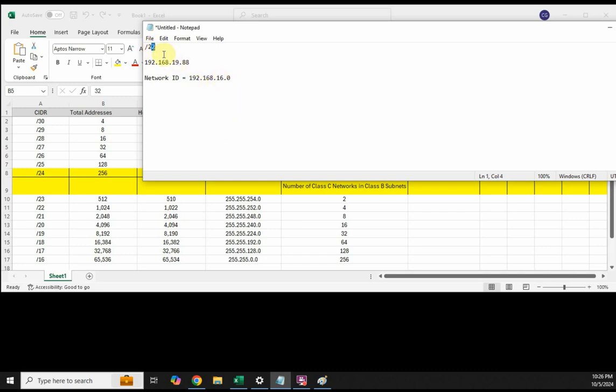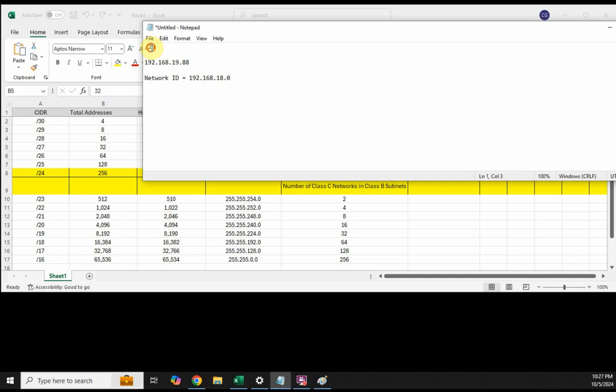If this was a /23, the network ID would flip to 18 because there are only 2 Class Cs in each one. All right, see this? 19 divided by 2, you get 9 times, so 18 would be your network ID.